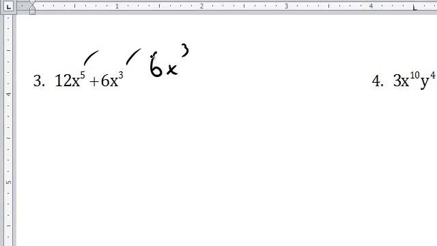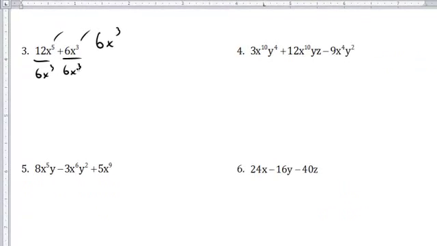The next one, greatest common factor, is 6x cubed, because again the smallest exponent is x cubed, and 6 goes into both of those terms. Now, a common mistake here, math fans, is that kids divide both sides by 6x cubed and just cancel this out because they say, look, it cancels out. But remember, it's like saying, what's 5 over 5? It doesn't go away, it's 1. So 6x cubed over 6x cubed is 1.